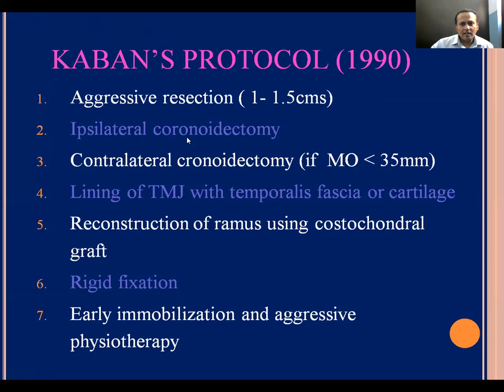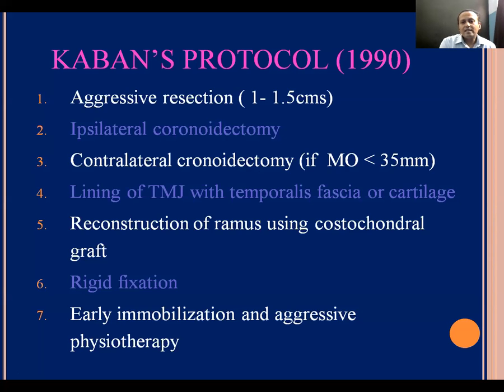Then ipsilateral coronoidectomy, that means removal of the coronoid process on the involved side. The condyle is anyhow removed in aggressive resection, and now the coronoid is also removed on the same side. If the mouth opening is more than 35 mm, then we will not go ahead with the opposite side.